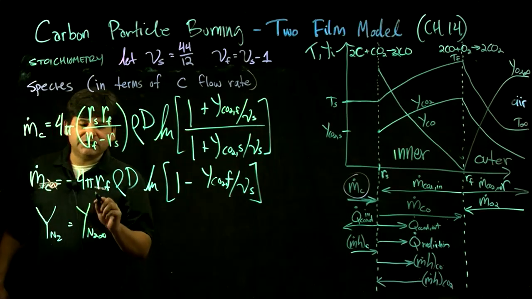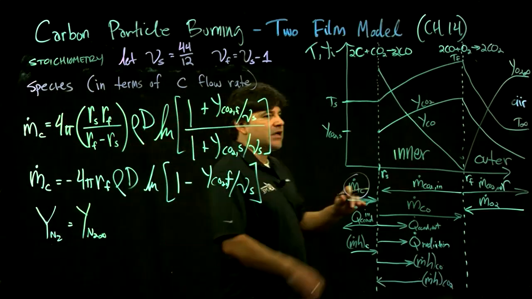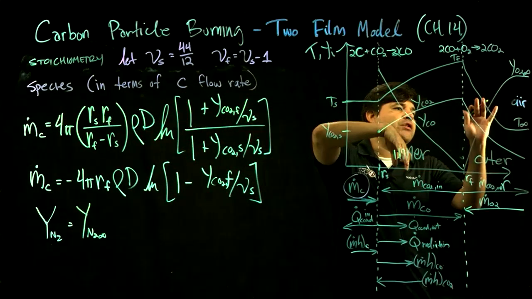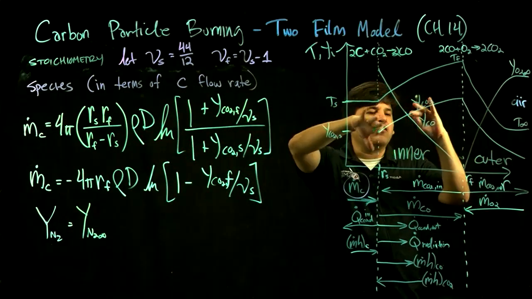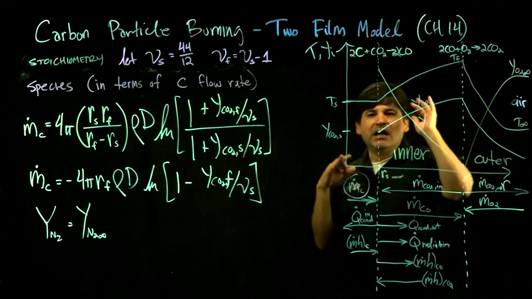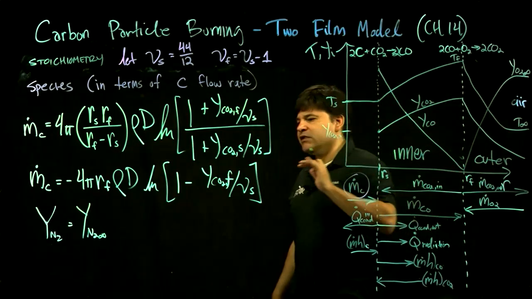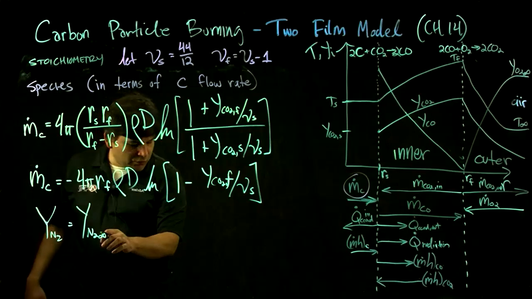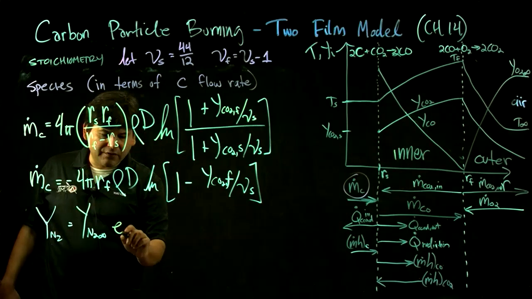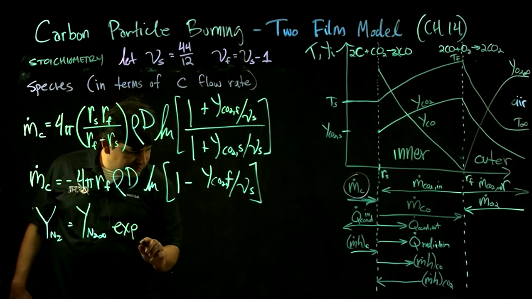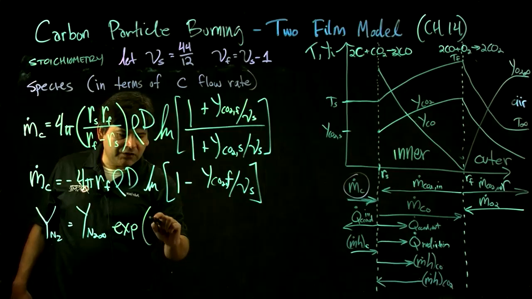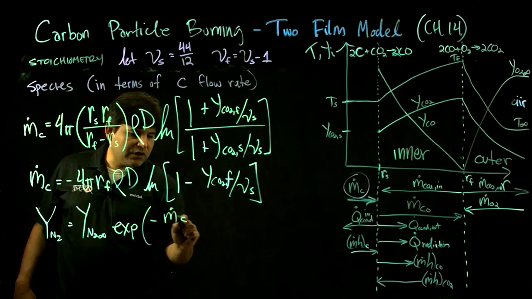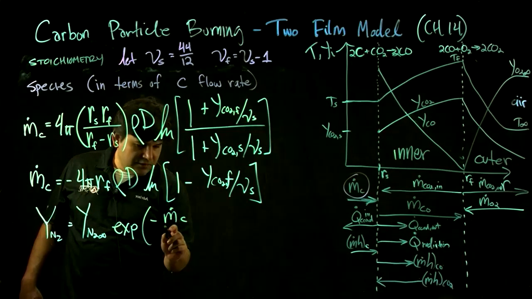So the nitrogen is not reacting, but because of all this shift in moles and molecules, the mass fraction and mole fractions change, because nitrogen doesn't change, but everything else changes. So that changes the proportion in the mixture of nitrogen. And that helps you to pin down the mass flow rate of carbon as well. That gives you another equation for the burning rate.